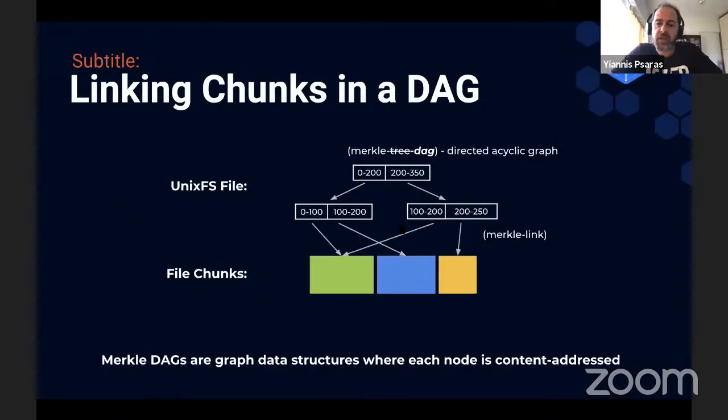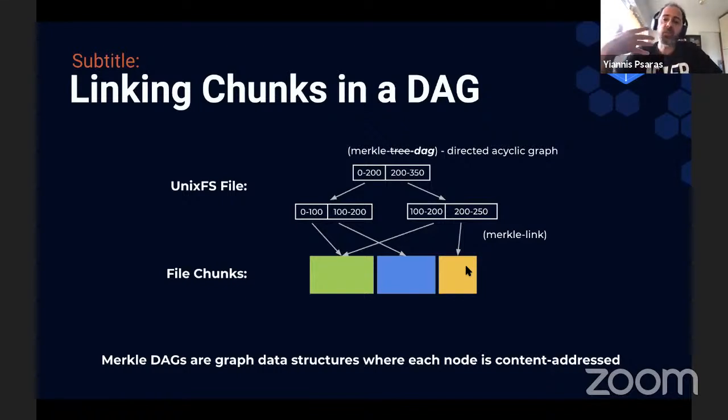So what we do is link the bytes from 0 to 100 and from 100 to 200 into the same piece of the file. Then 100 to 200 would be the blue, and then the orange one.